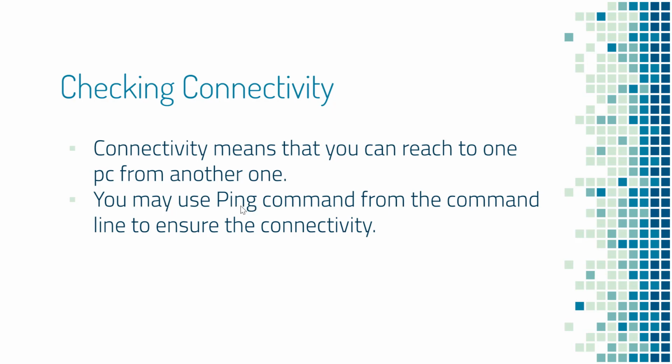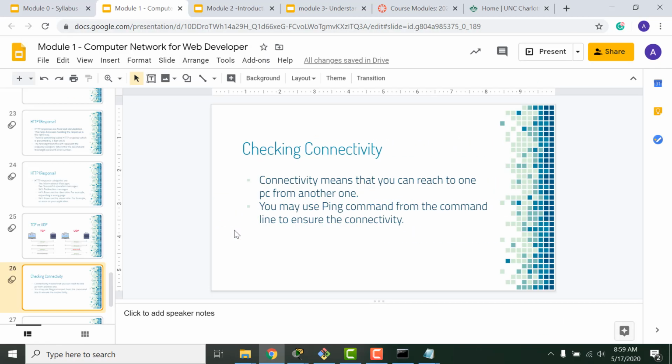It's called ping. Ping is used to check connectivity. Most of the time, if you want to check whether you are able to connect to the destination, you will use the ping command line.